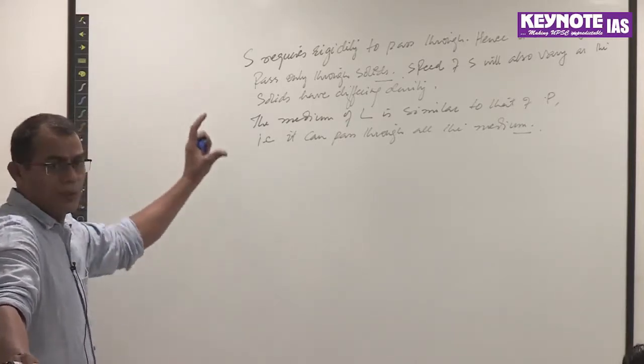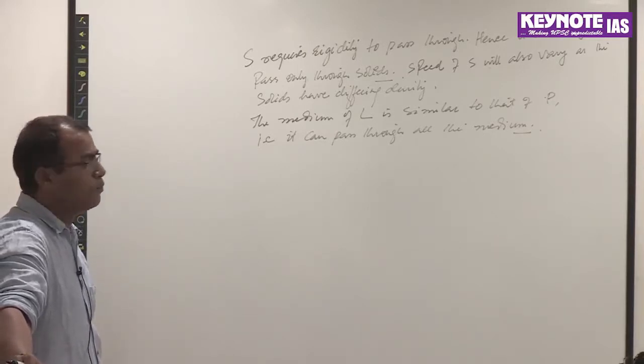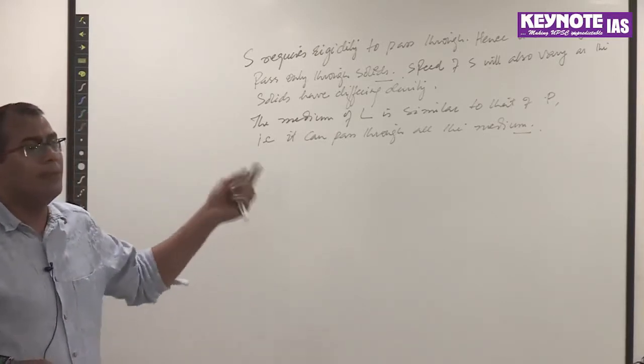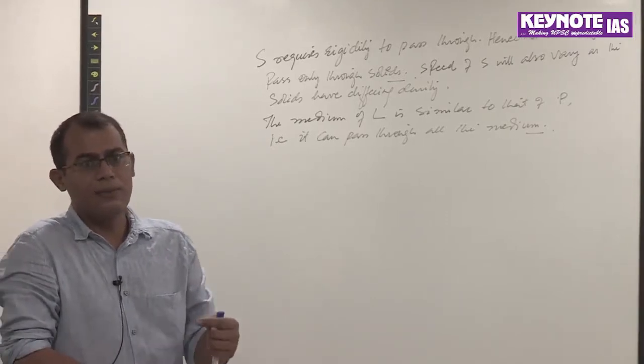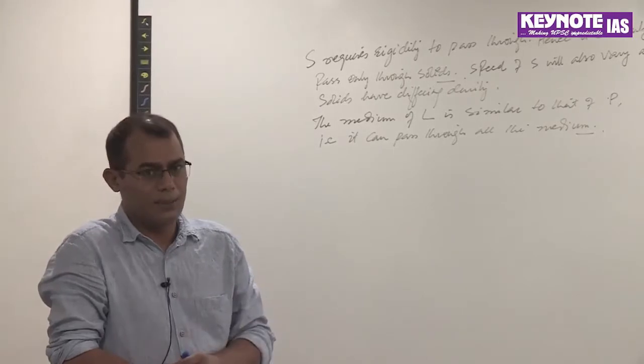This is what we are talking about, the speed, right? The speed, this is what is revealed. This is what has been observed and recorded. The different waves will have different speeds.